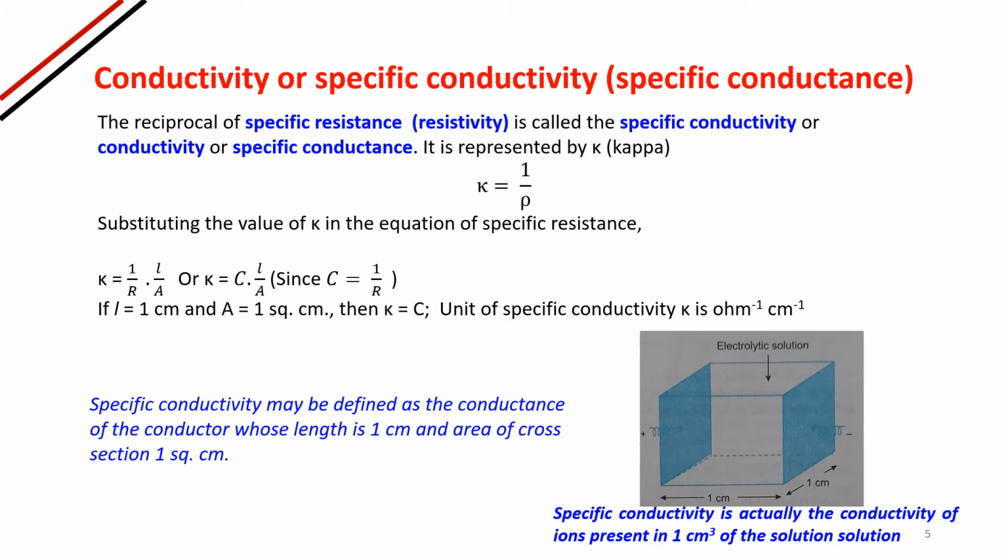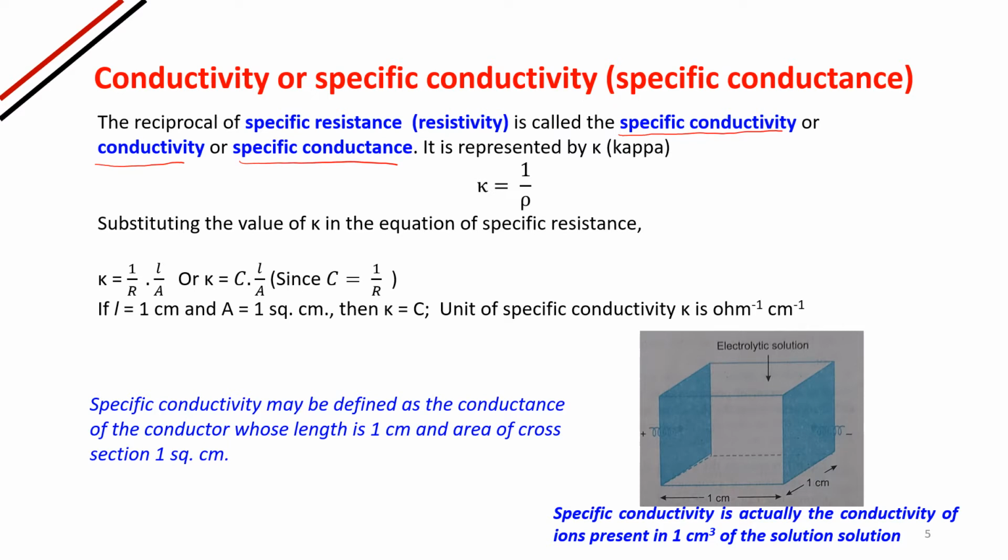Conductivity or specific conductivity, which is also known as specific conductance. You can understand that with the term conductivity or specific conductivity, this is just the reciprocal of specific resistance or resistivity. Okay? This is also called specific conductivity or specific conductance.